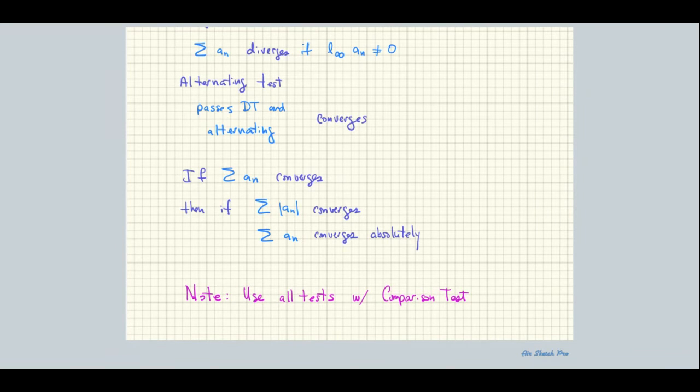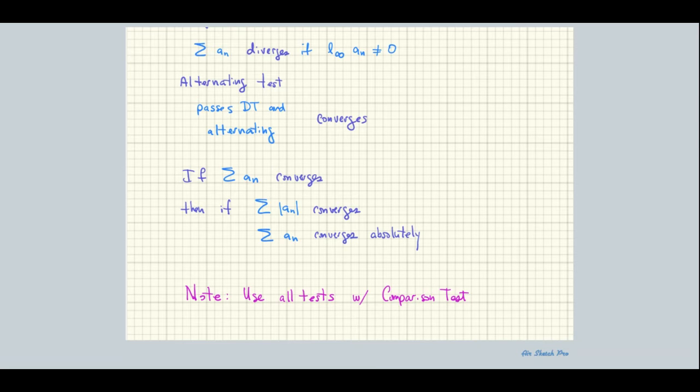Now you see there's a note at the bottom, right? All these tests are going to be done with the comparison test. So you don't actually have to have it as something that looks exactly like a p-series. If you can compare it to a p-series, it doesn't have to look like a geometric series.